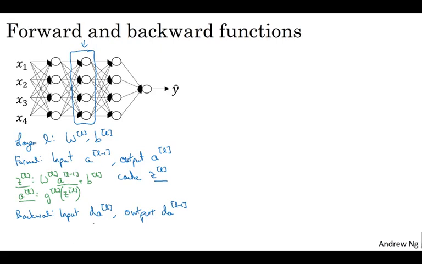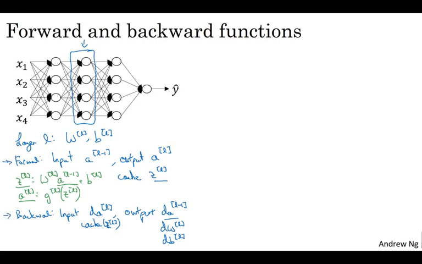And just to flesh out the details, the input is actually dA of L as well as the cache. So you have available to you the value of ZL that you computed. And then in addition to outputting dAL-1, you will output the gradients you want in order to implement gradient descent for learning. Okay, so this is the basic structure of how you implement this forward step.